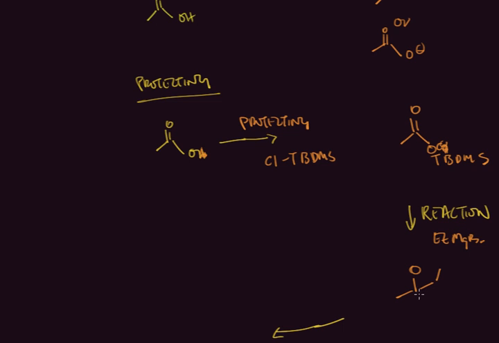You added this on, you've still got the OTBDMS, and then you can just take the protecting group off, and all you do is put it in tetrabutylammonium fluoride, or TBAF, and that just takes your protecting group off and replaces the hydrogen where it was, so it comes out looking like, sorry, that would get protonated, my bad. So it comes out looking like this.